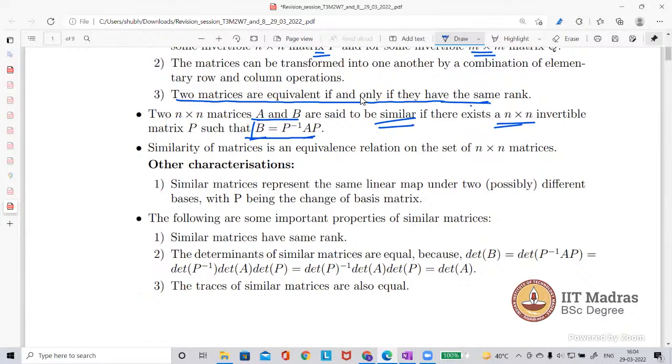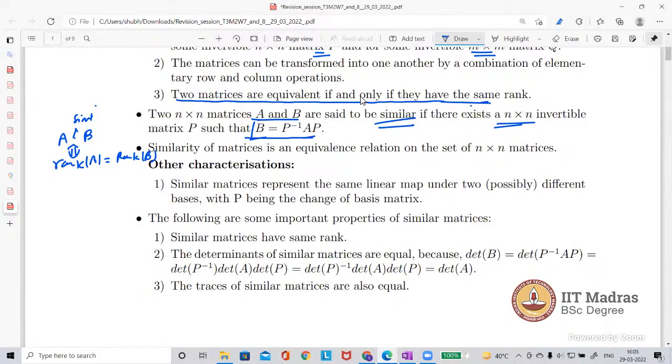One thing to note here: if A and B are similar, then rank of A equals rank of B. This will not go the other way: if rank of A equals rank of B, then they may not be similar.